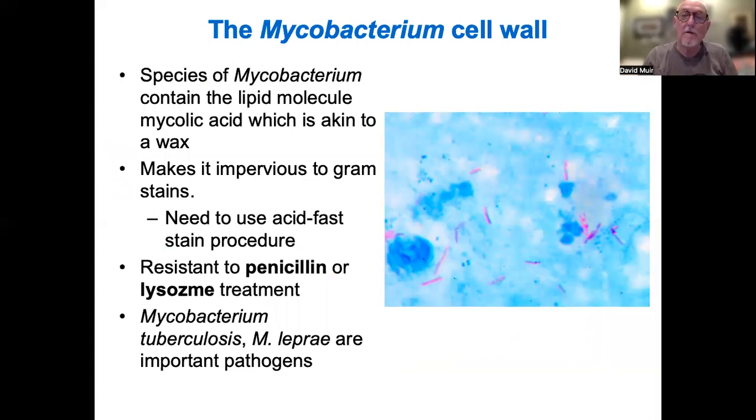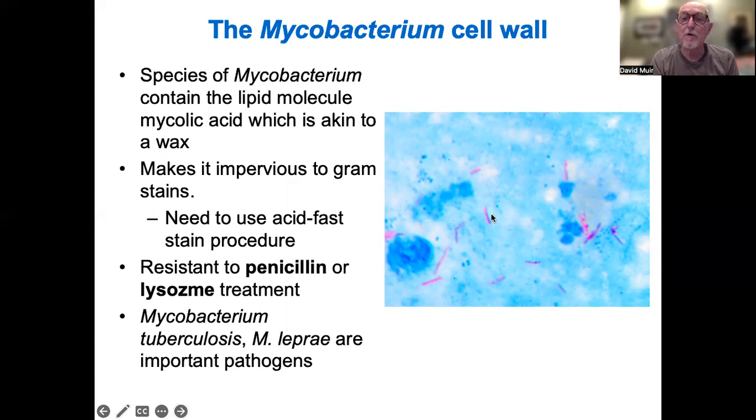Okay, so there's one caveat to all of this, and that is there is some variability in the structure of cell walls for different bacteria. And this is one group which does not respond to the Gram stain reactions, so we can't tell whether it's Gram positive or Gram negative.